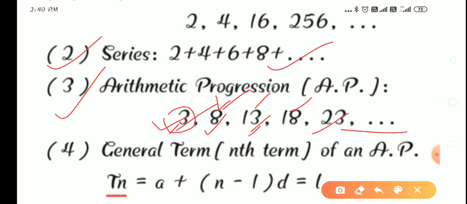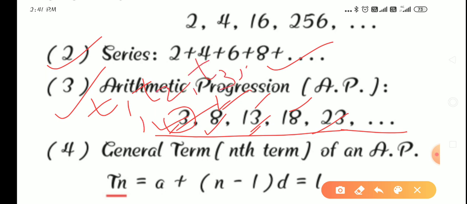Now these numbers are called the terms of the AP or sequence, you can say. 3, 8, 13, 18, 23, they all are the terms of the AP. Now these terms are denoted by the letters T1, T2, T3 and so on.